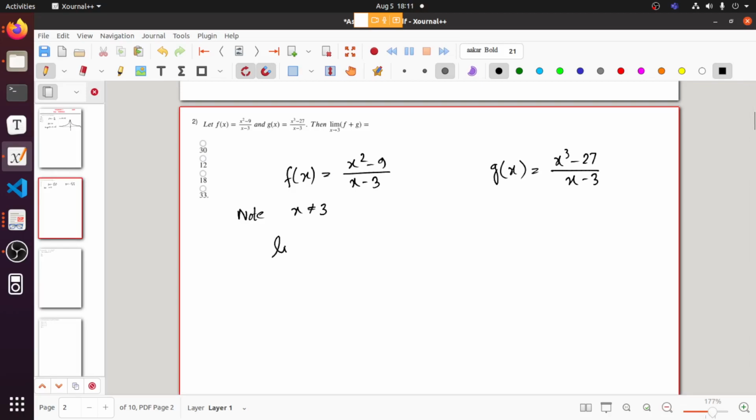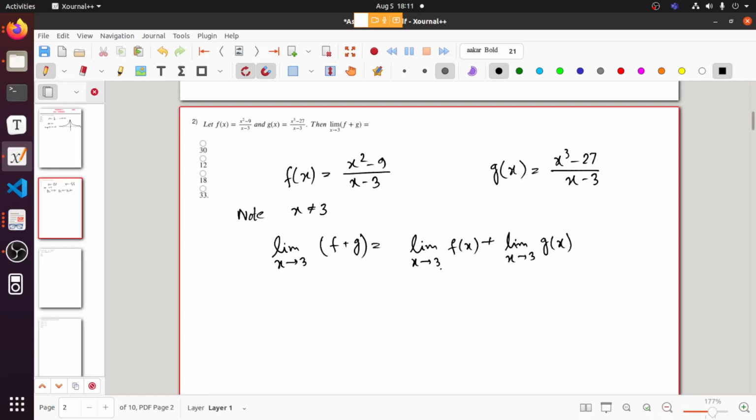And you have to find the limit as x tends to 3, a limit in the neighborhood of 3, of f plus g. You know the property of limit of addition, that you can write limit of f of x plus limit as x tends to 3 of g of x, right?